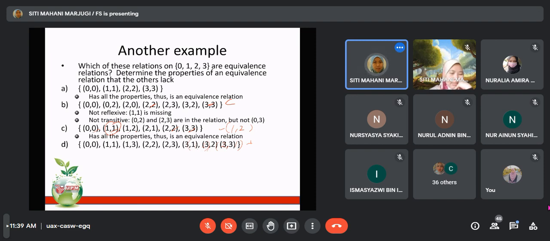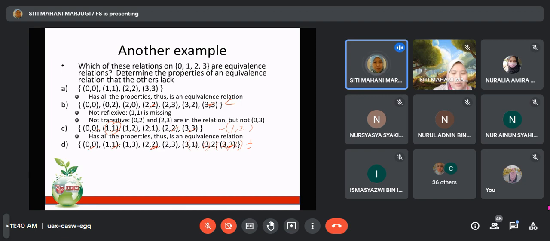Okay. Yang D. D in terms of the reflexive. 0, 0, 1, 1, 2, 2, 3, 3. Okay, betul. It is correct. In terms of the symmetric, okay, 1, 3. Suppose we have 3, 1. So we got the 1, 1. Okay, ada 2, 3, 3, 2. So 2, 2 ada. Okay, 3, 2, suppose we have 2, 3.